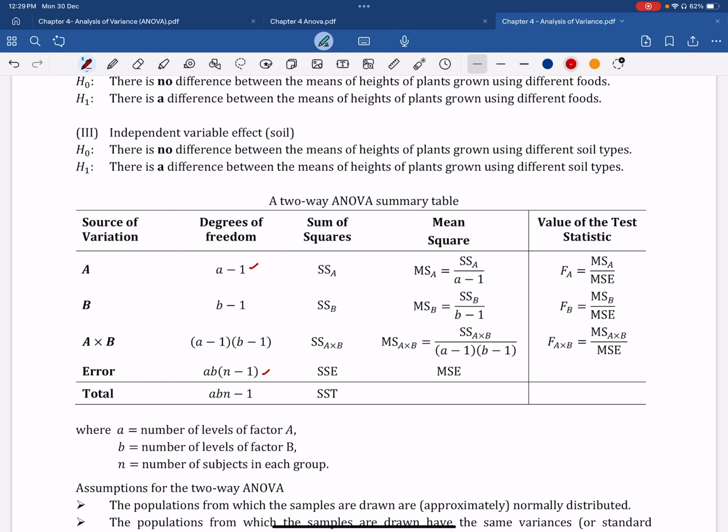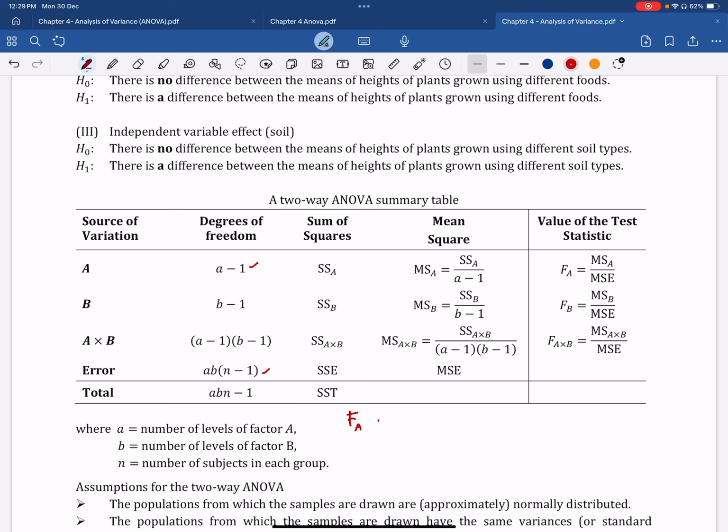So FA is compared with F alpha, A minus 1 and AB(n minus 1). FB versus F, B minus 1 and AB(n minus 1). While for FA times B, you will compare with F, A minus 1 times B minus 1, and AB(n minus 1).